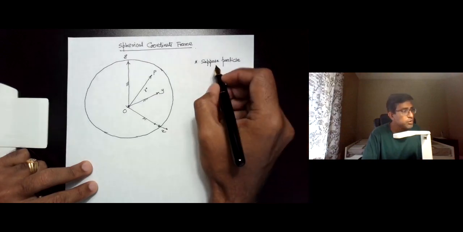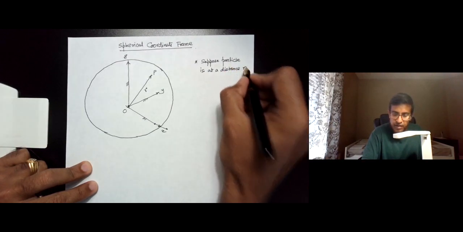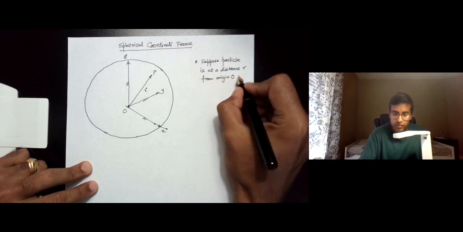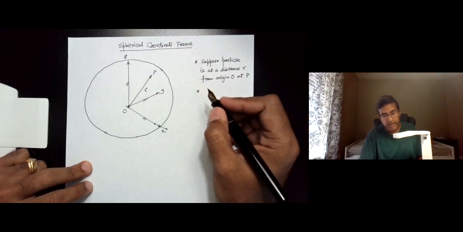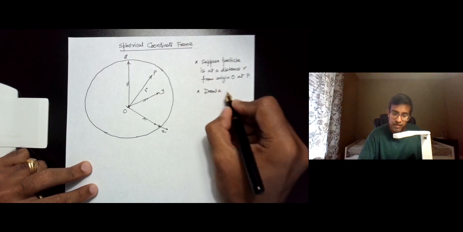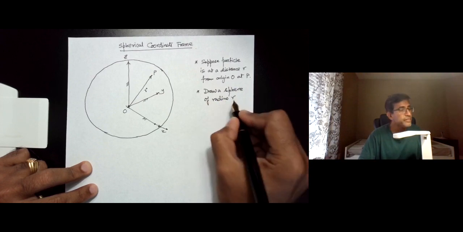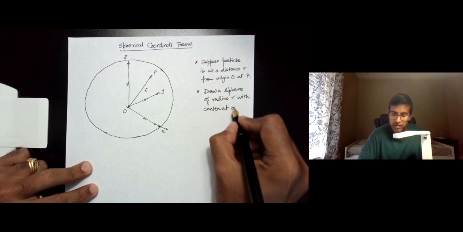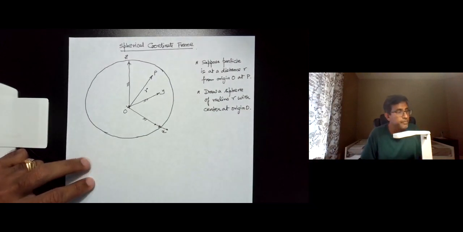Let's say suppose the particle is at a distance r from origin O at P. So what we first do in order to define the particle in the spherical coordinate frame is draw a sphere of radius r, with center at origin O. So we draw this sphere of radius r.